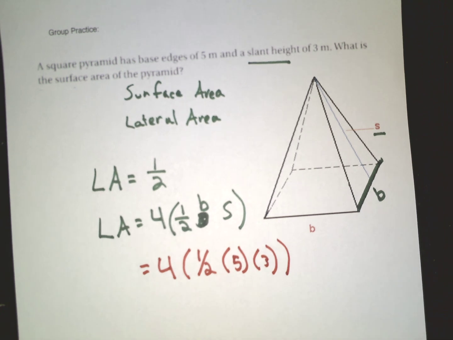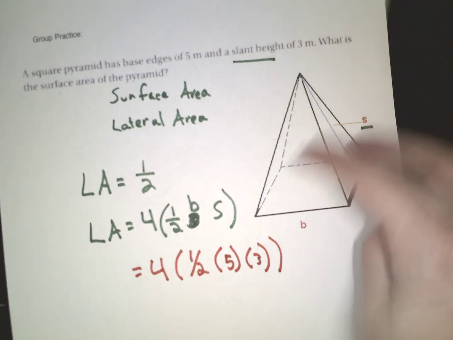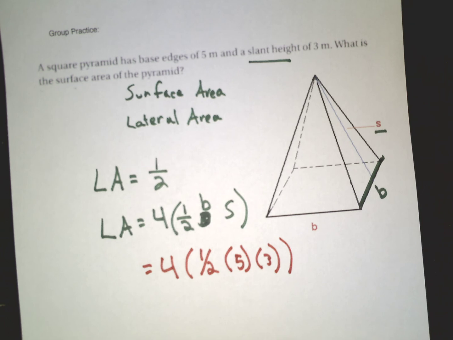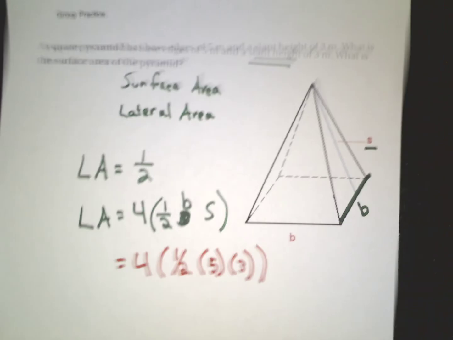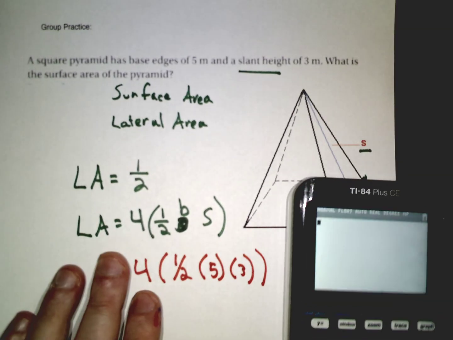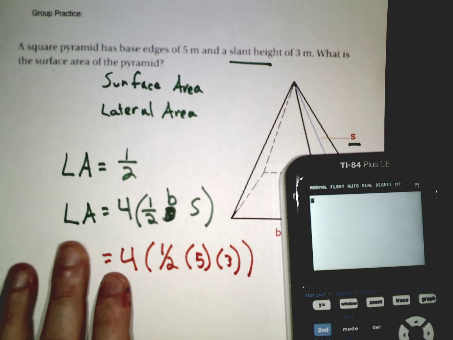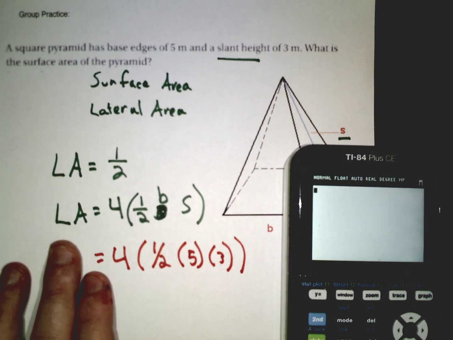I'm okay with this, because I can find the lateral area, the sides of all the triangles, just by using my calculator now. Even though it looks messy, I have all the information. That's really all you can ask for.